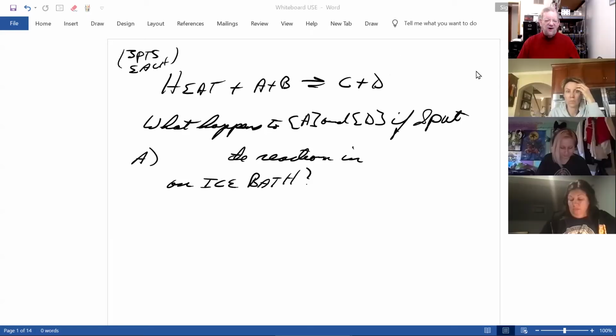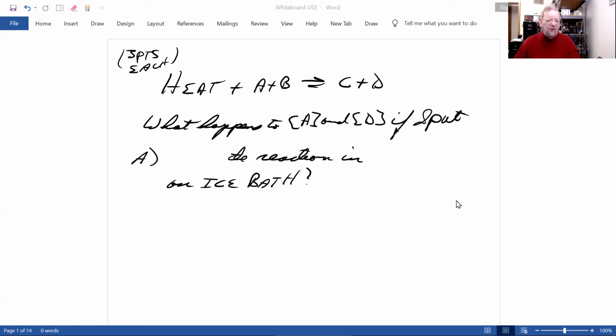All right, let's get going. Now, when you put it in an ice bath, it removes heat. And therefore, at equilibrium, there's a certain amount of heat, A, B, C, and D. And now we've removed heat and equilibrium is under stress.